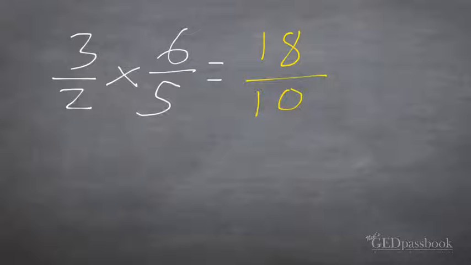Okay. You could convert to mixed number right now, but I'm pretty sure you guys could see that this could be reduced right off the bat, right? Let's try reducing this. Use the 2 trick.